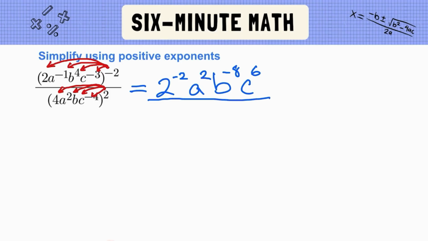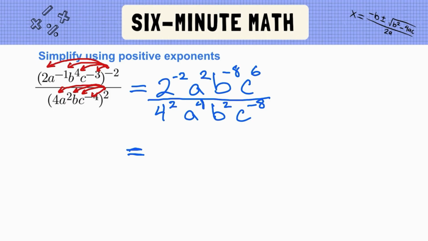All of that is going to be over 4 squared. A squared squared, I multiply the 2 and the 2 together to get 4. I just have a b, and then I'm going to square it. And then lastly, negative 4 times 2 is c to the negative 8.